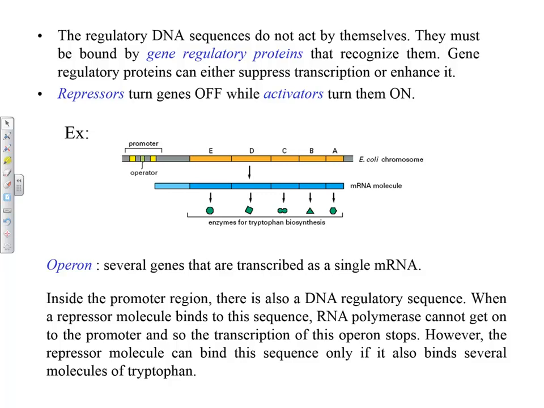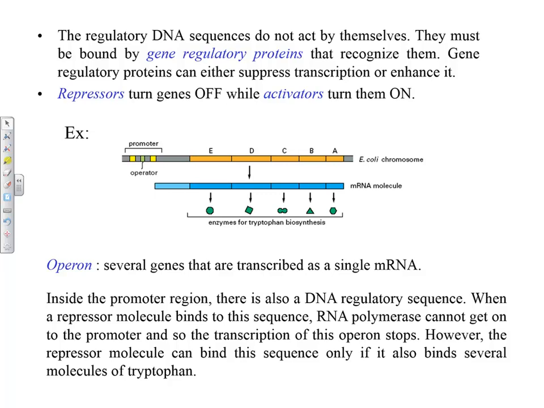So this is like the float in your toilet flush. If the water level is too high, the water is cut off. It's exactly the same kind of thing, a feedback mechanism. If the level of tryptophan is high, then the repressor molecule is bound by some tryptophan and the shape changes. This is an allosteric protein. Remember we talked about that? Maybe by now you've forgotten what an allosteric protein is. It has two binding sites.